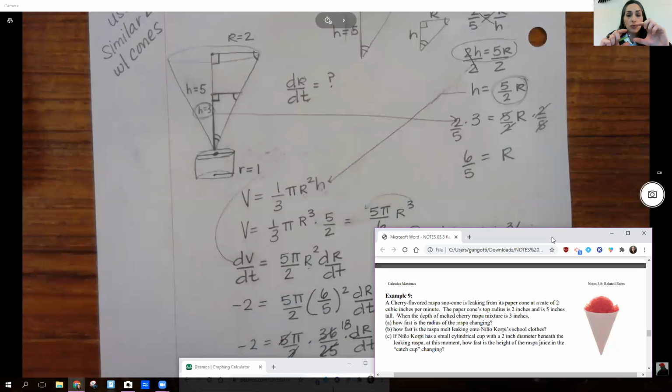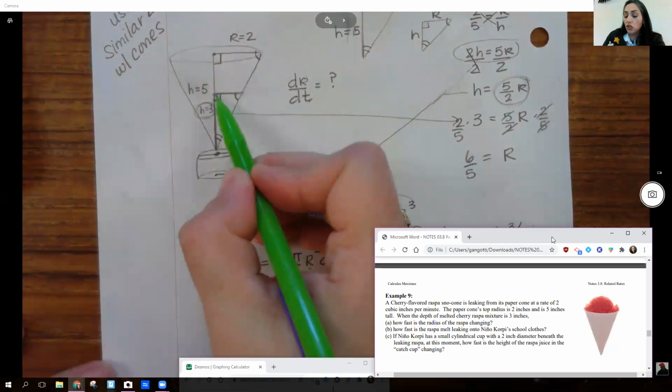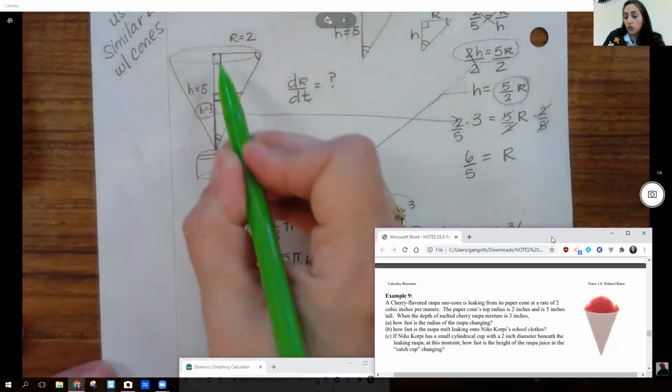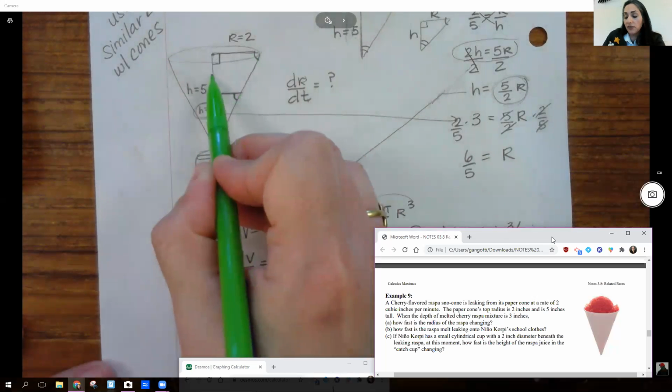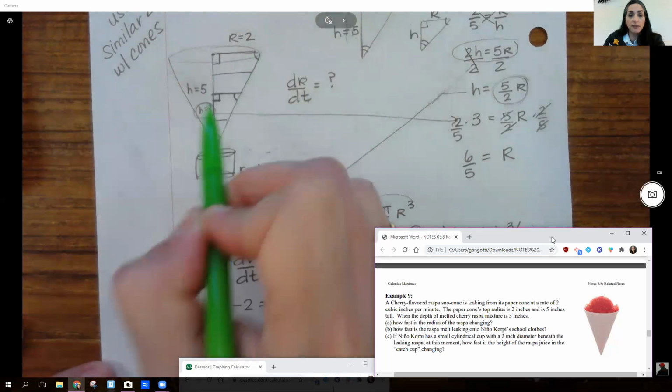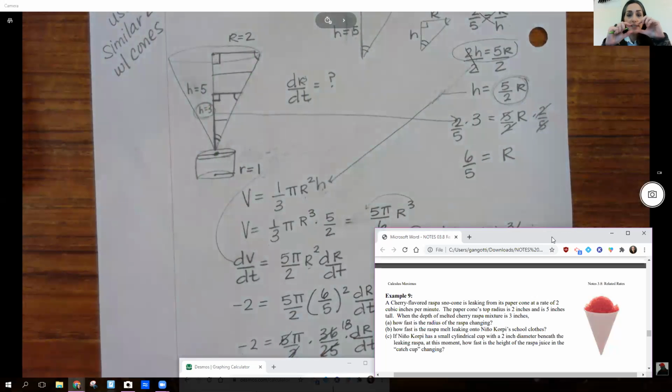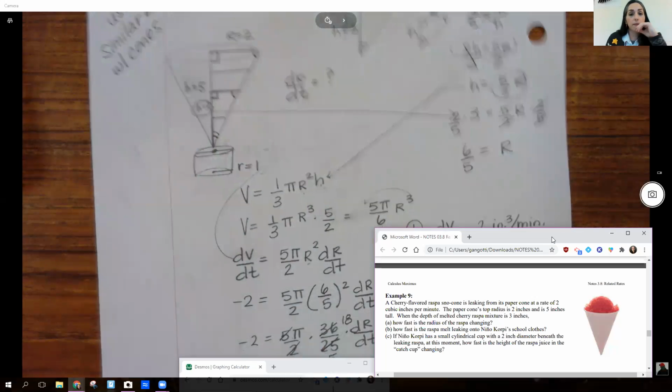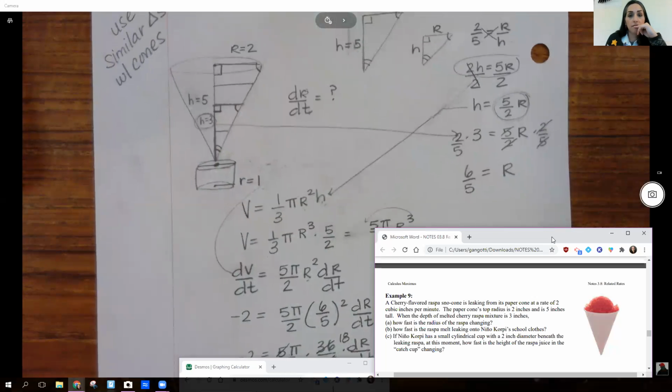The radius on the cone is changing, right? This radius is different from this radius, is different from this radius. When you fill up a cylinder, what happens to the radius? Nothing happens. Yeah, it stays the same, right? Good. So keep that in mind.